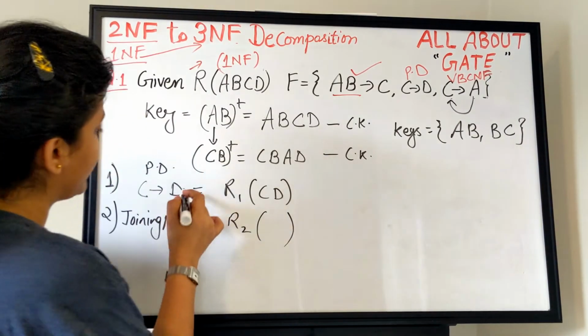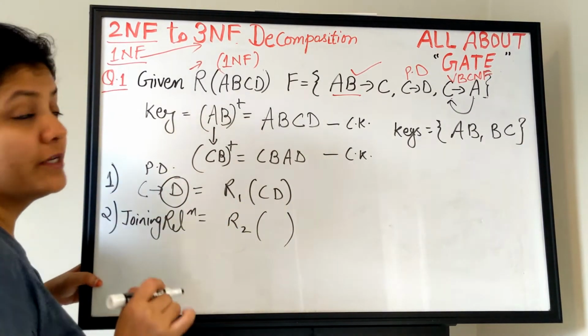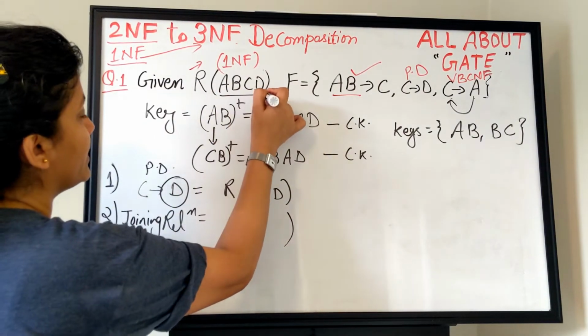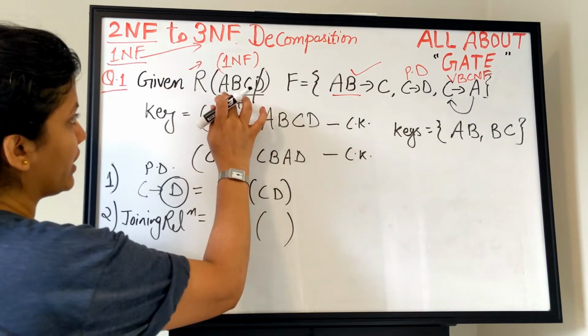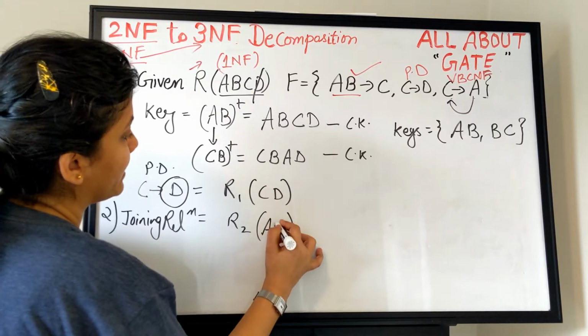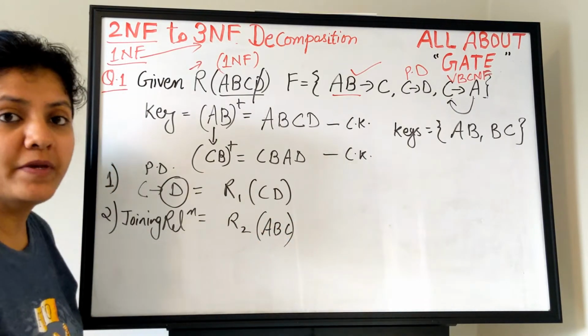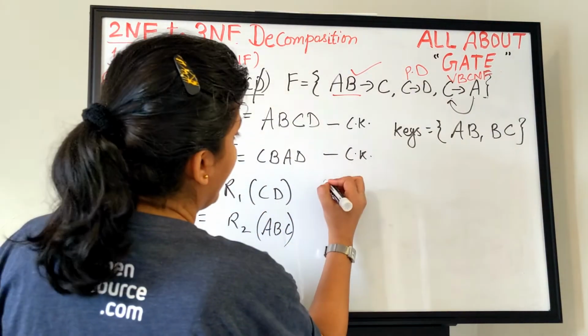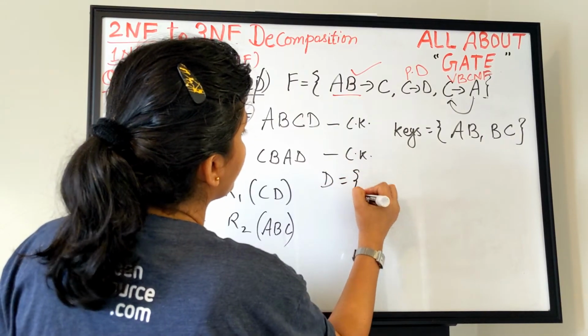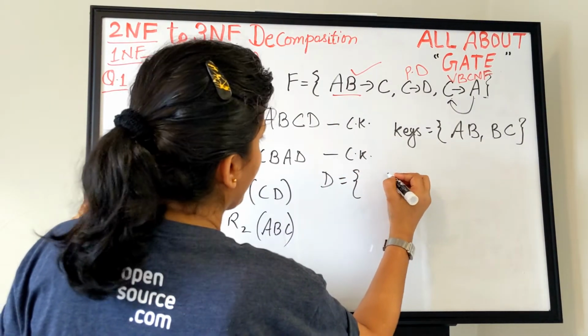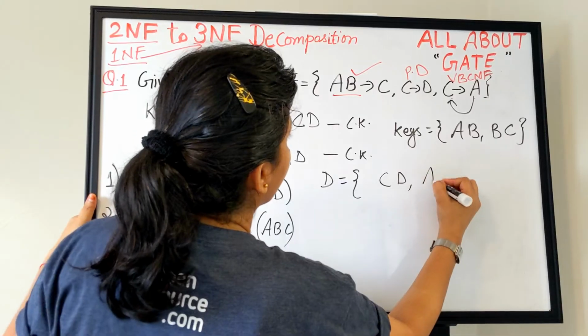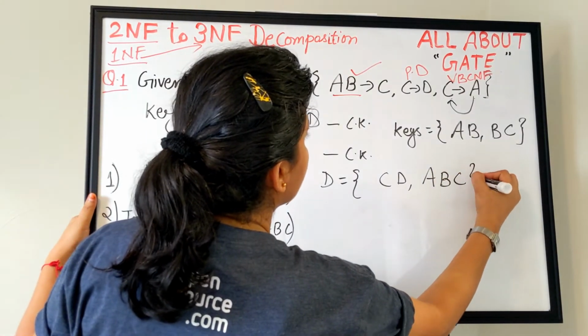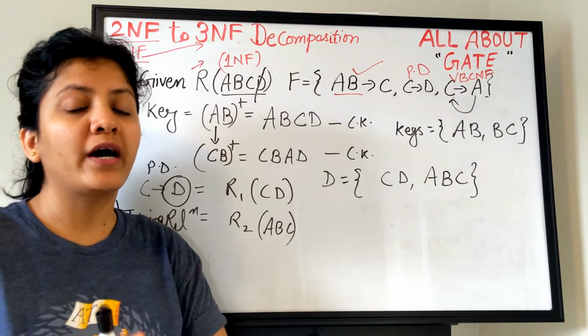Joining relation means take out the dependent part from your original relation. So I take this off, and whatever is left becomes my joining relation, that is ABC. So the decomposition set is CD and ABC.